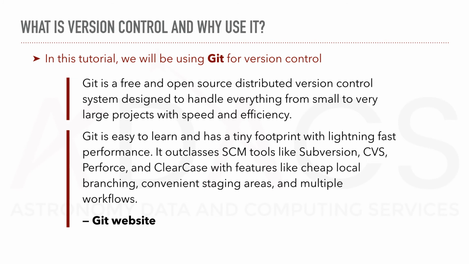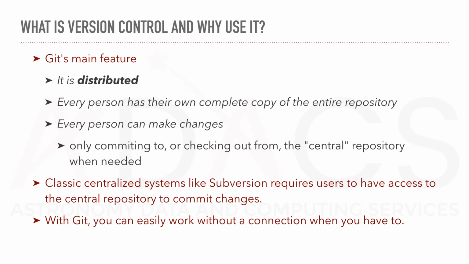As we mentioned previously, in this tutorial we will use Git for version control. Git is a free and open source distributed version control system designed to handle everything from small to very large projects with speed and efficiency. Git is a distributed system. Every person has their own complete version of the entire repository. Every person can make changes, only committing to or checking out from the central repository when needed.